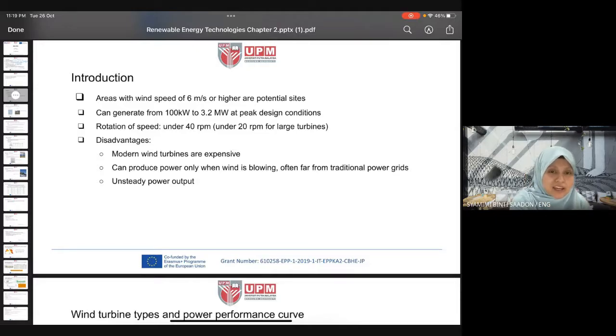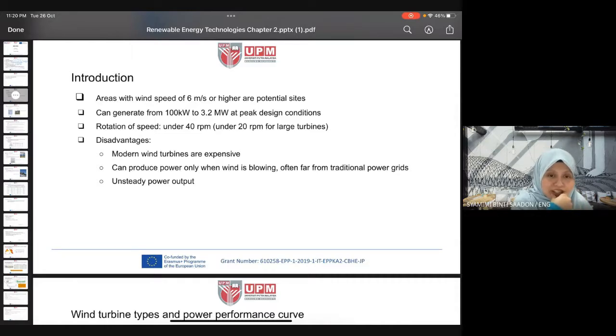Later on we will see how much the wind speed is in states in Malaysia. If you have around 6 meters per second or higher, then it is more likely to be potential to apply this wind turbine.